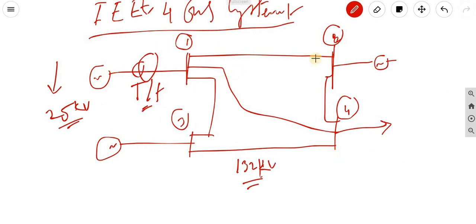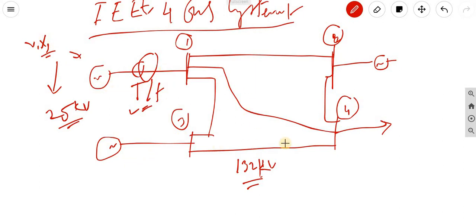This network consists of parameters. The transformer parameters are equivalent resistance and impedance, which we can present mathematically in terms of R and X.